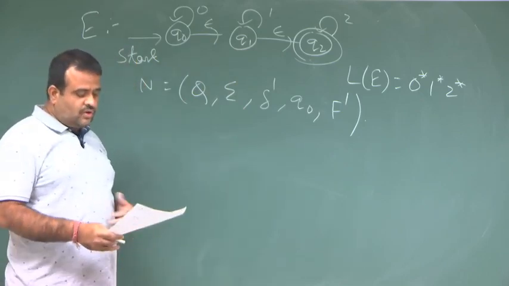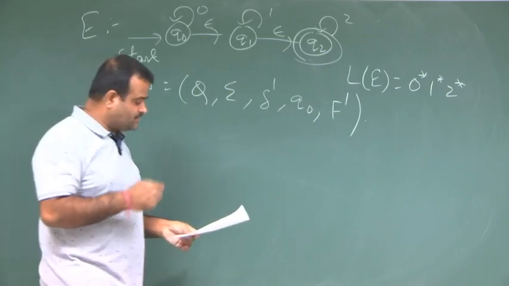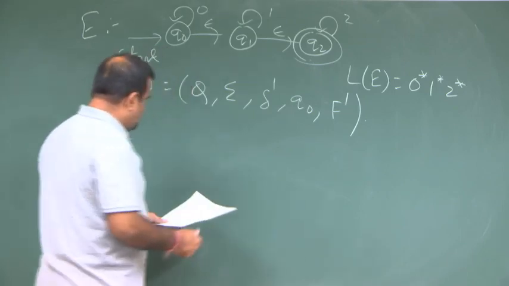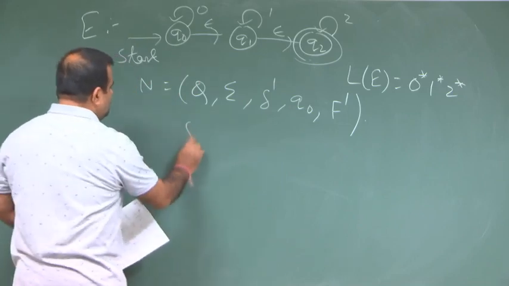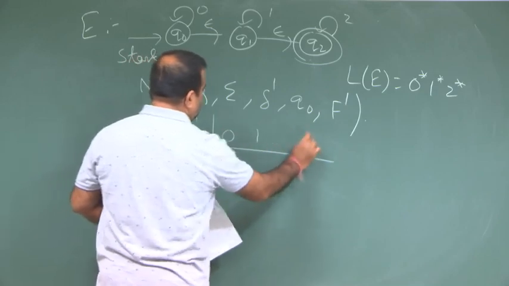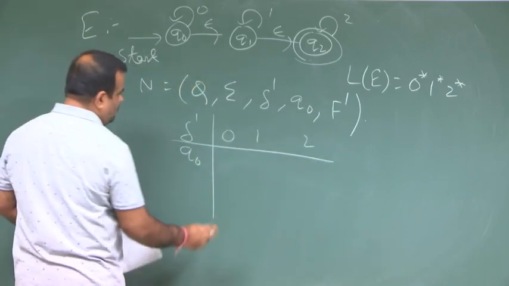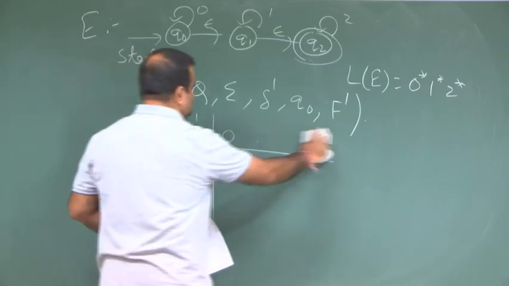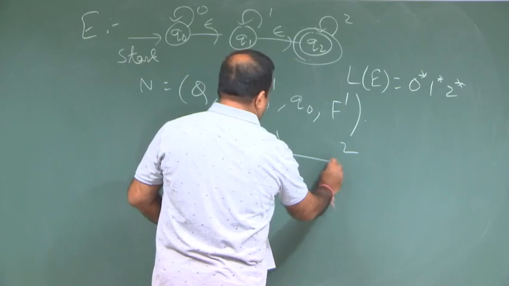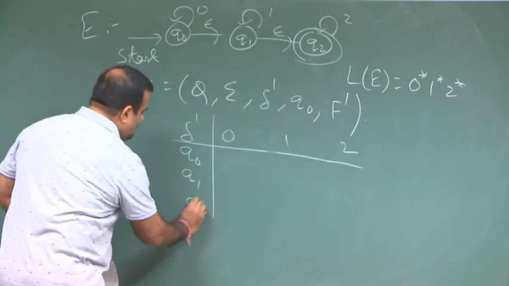So, that means q 0 has to be added to this final state. Okay. So, how to write this? Basically, delta hat we have to define. So, here we have moves 0, 1, 2, and the states are the same, Q0, Q1, Q2.